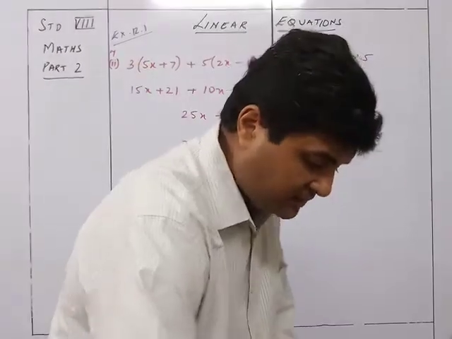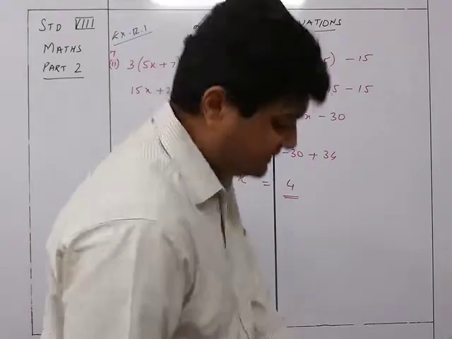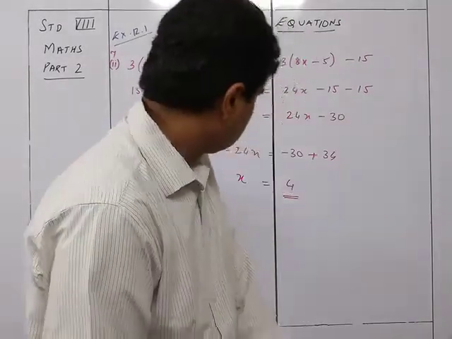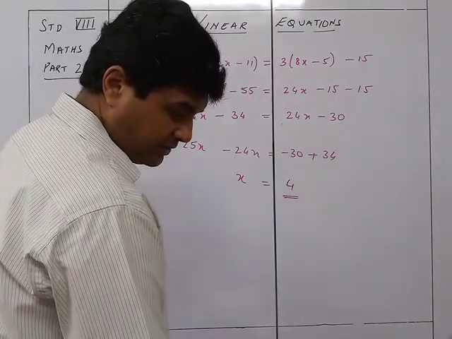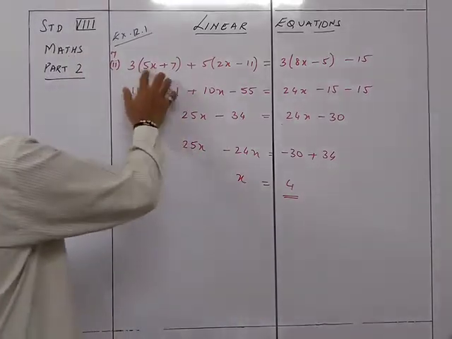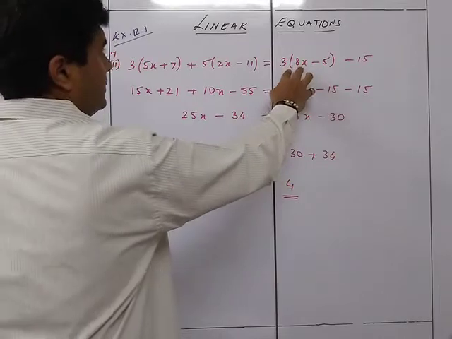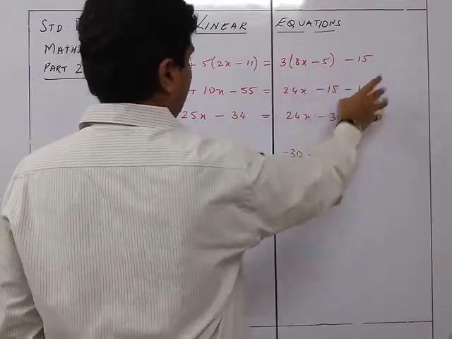Right? So that gives you the answer for sum number 7, the second sum, as... one sec again, what's the error? Somewhere I made an error. Let me check up. 15, 21, 10, 55. 24, 15 minus 15.